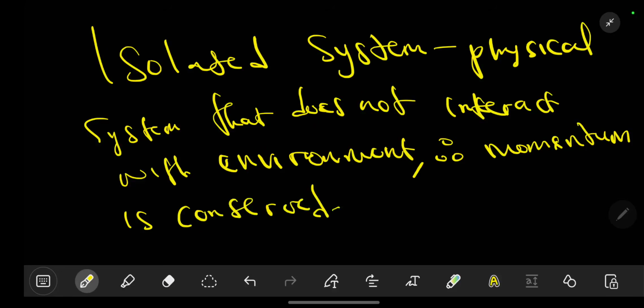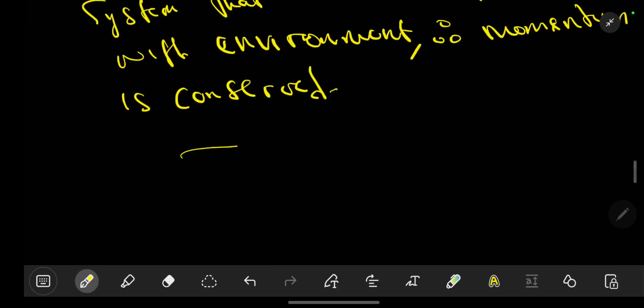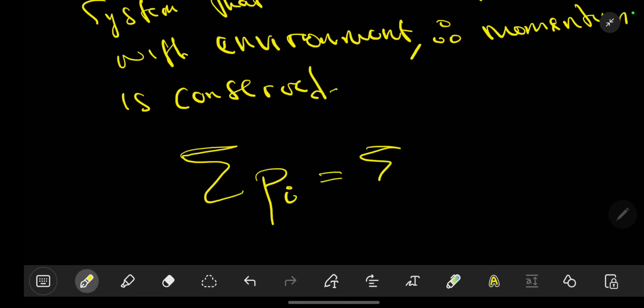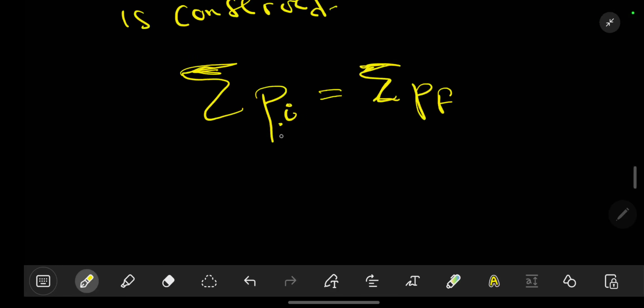For any system, as long as it is isolated, the summation of the initial momentum, remember P is momentum, is equal to the summation of the final momentum. Whatever momentum the system begins with will be equal to the momentum at the end.